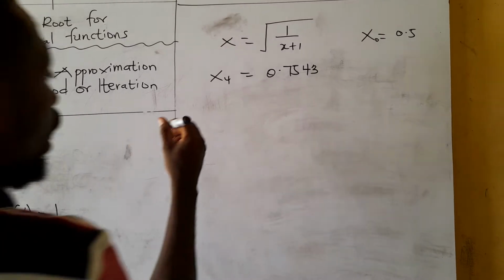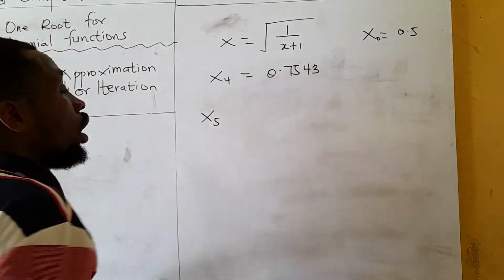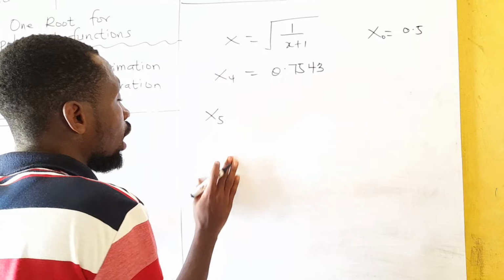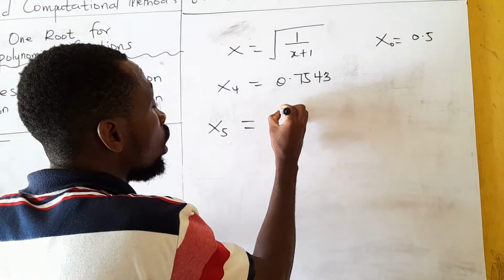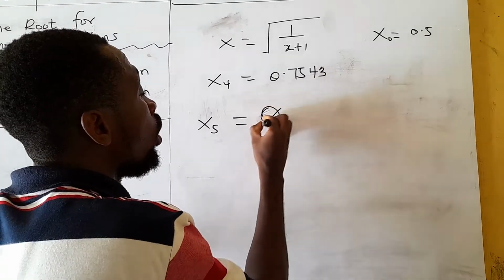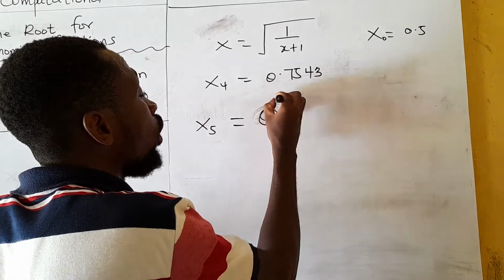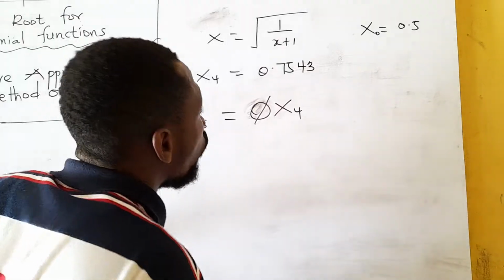So we can find our x5. Let's leave it to the last approximation, which should be x5. It will be equal to the substitution of x4 in place of x.